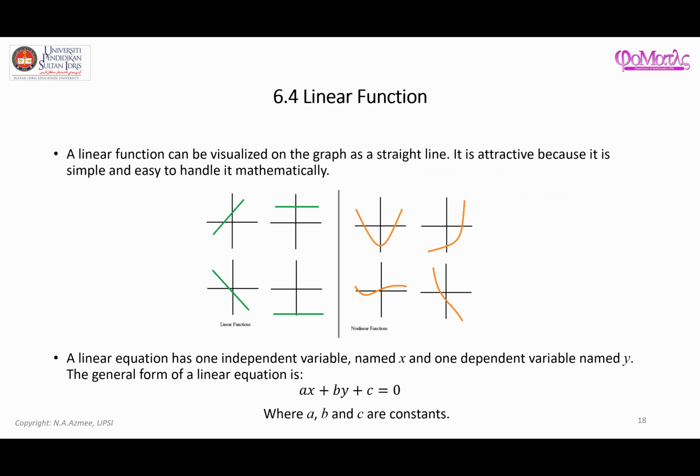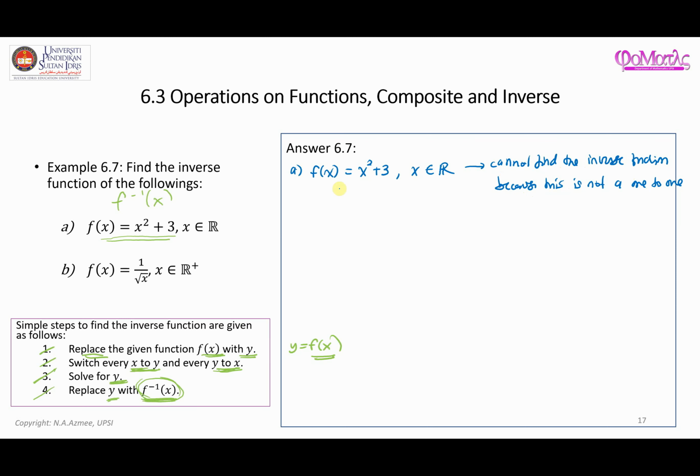If you look at this function, this is just a variant of y equals x squared, and you have seen that y equals x squared looks like this, but you can see that this is a many-to-one function. And if you have y equals x squared plus 3, you will have this graph translated 3 units up.